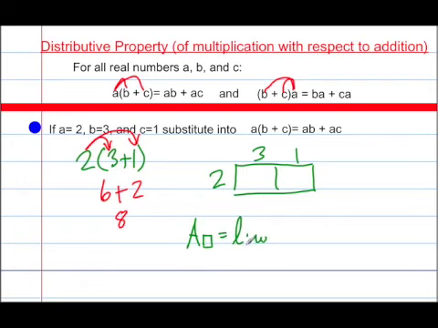That's how it's related. So now you have to answer. Once I set it up, this is 2 times 3, that's 6, plus 2 times 1, 2. 6 plus 2, 8. So that's my box method. It's just a different way of organizing it.